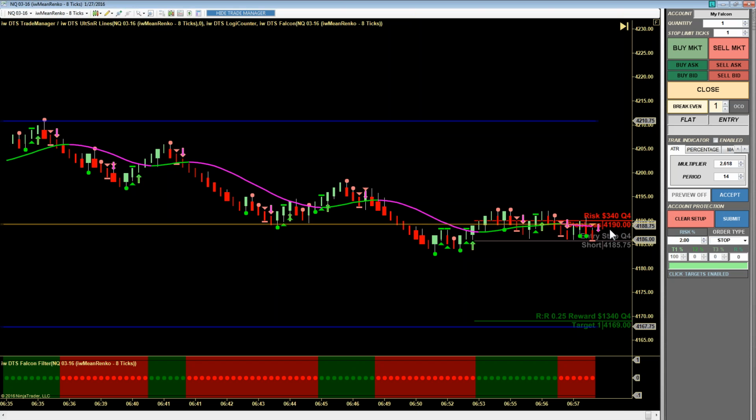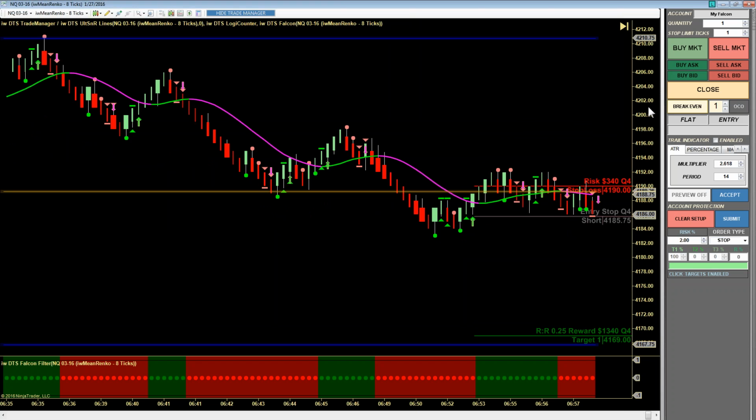So what you're going to notice here with Trade Manager is that my risk amount never really changes. But what does change is my quantity. So in this trade, the way I have it set up, which is relatively tight, I have $340 at risk. Let's make that a little bit bigger.